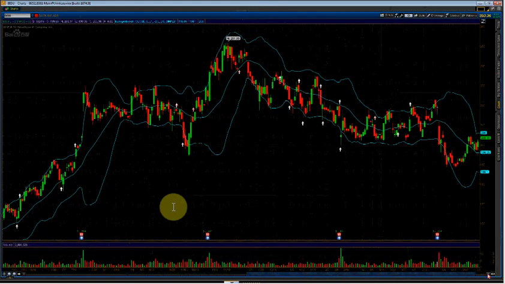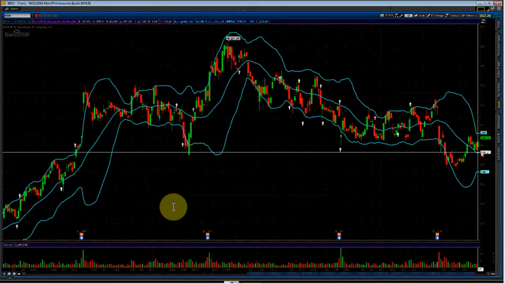Nope. What about calls on this green candle? No, it's moving sideways here.